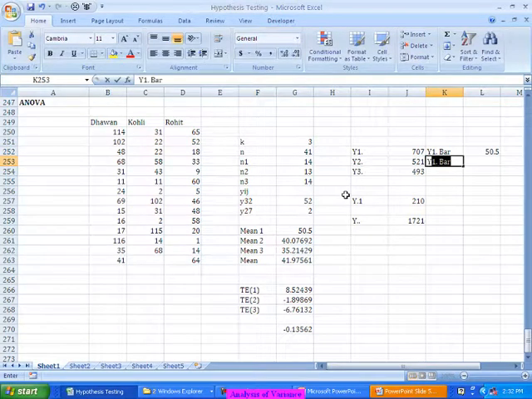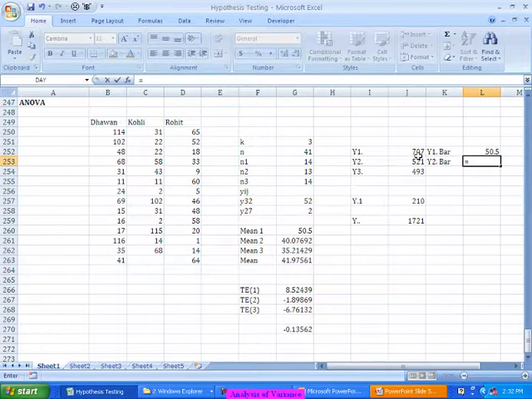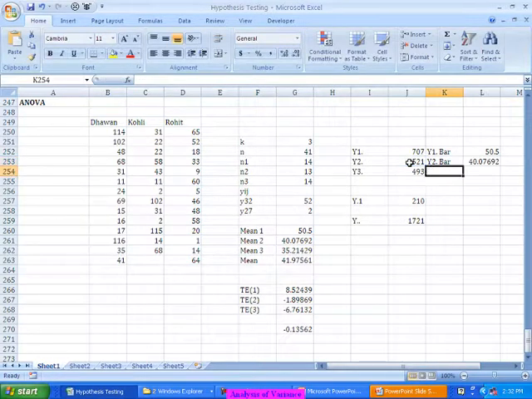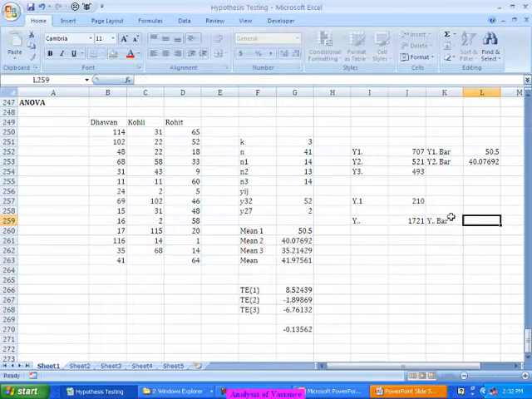Similarly, when someone says y2 dot bar, which is nothing but this divided by the total observations 13, like that. Now when someone is saying here y dot dot bar, which is also nothing but the total summation divided by the total number of observations, which is 41, which is giving me the overall average of the total also.